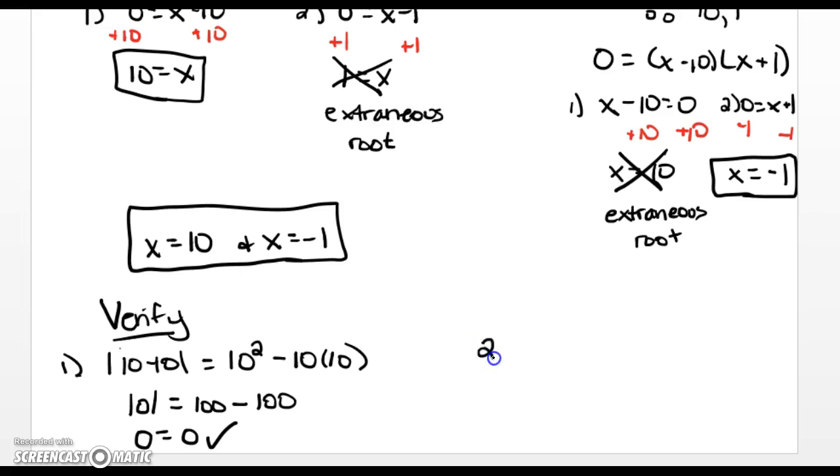Then let's go and check x is equal to -1. So we have the absolute value of -1 minus 10 is equal to -1 squared minus 10 times -1. So -1 minus 10 is -11. Sorry, that should be an absolute value, not a bracket.